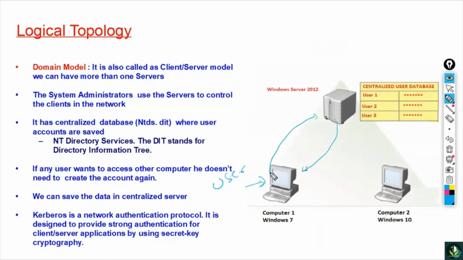So who is taking this username from client to server and server to client? There is a protocol called Kerberos. With the help of this Kerberos protocol, this authentication is done. Kerberos is a network authentication protocol designed to provide strong authentication for client server applications. So it is used for authentication and it provides security as well.